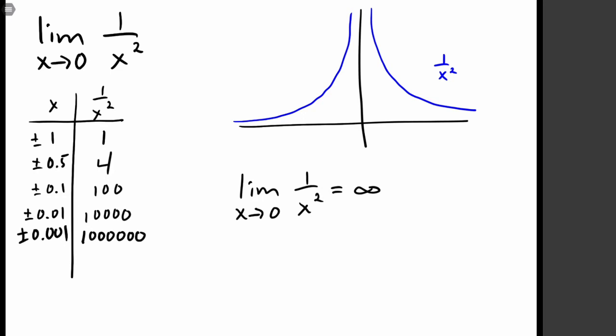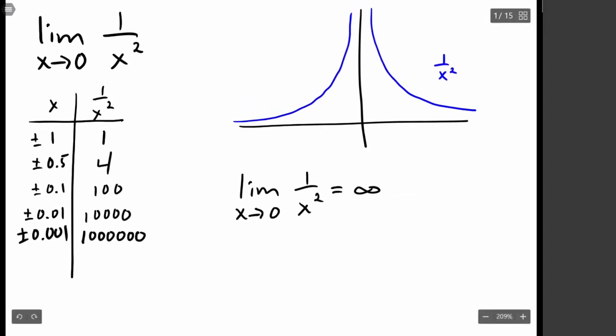So what does this mean? Well, technically, since infinity is not a number, this limit doesn't exist. But even though it doesn't exist, there's still information here. We know both ends of this function are going toward infinity, so we're going to keep that information and say that this limit is infinity.